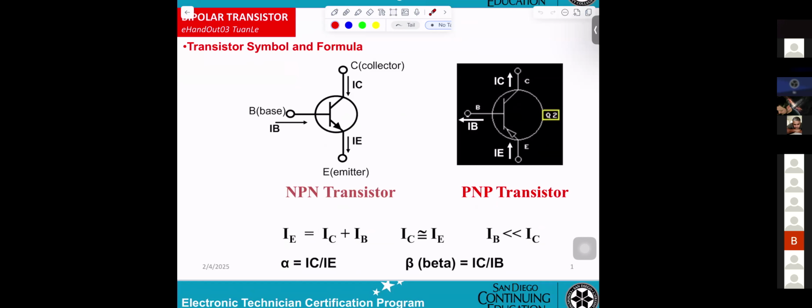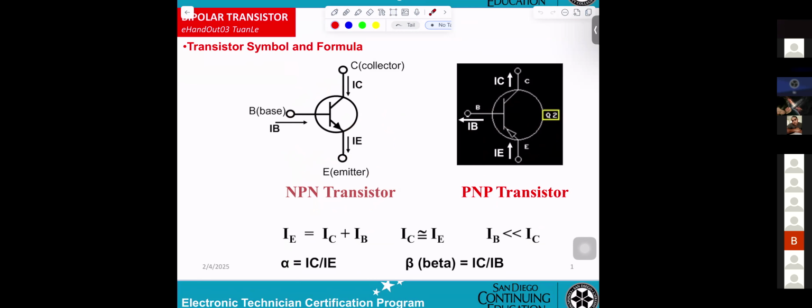Okay, first thing you can see they given to you a few symbols for NPN transistor. That one here, NPN. Another one will be PNP. You get only two.